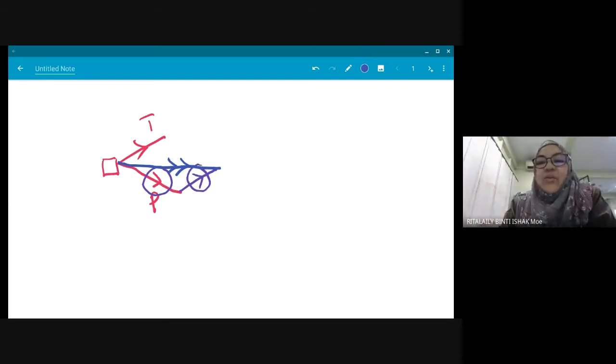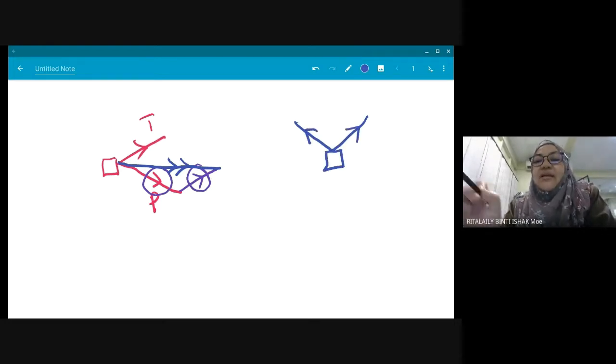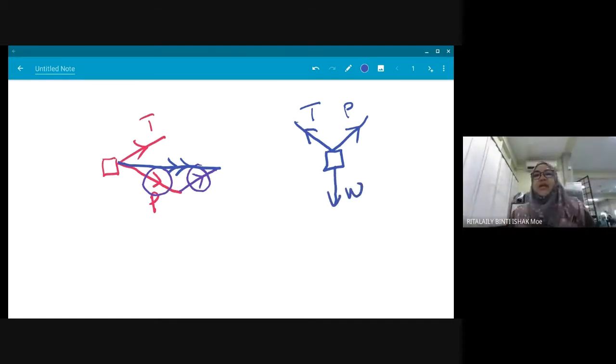However, let's say we have an object yang sama, different object lah. Okay, we have T, we have P, but at the same time there is another force downward, which is the weight. So we have three forces, and these three forces are in equilibrium.